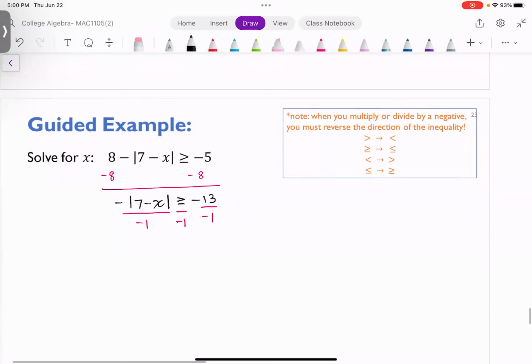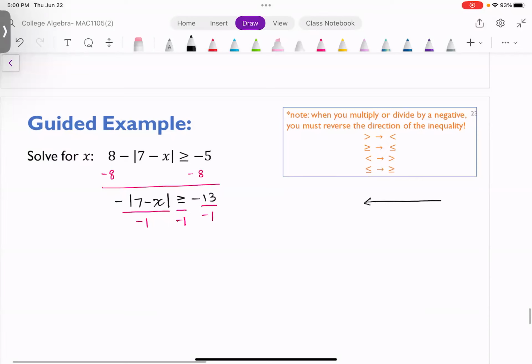That's because if I were to look at a number line and I have, here's 0, and I have 2 numbers, say A and B, and we say that A is less than B, that means A is closer to 0 than B is. When I look at negative A and negative B, though, notice that their position with respect to 0 has changed.